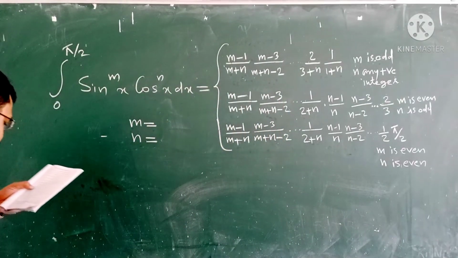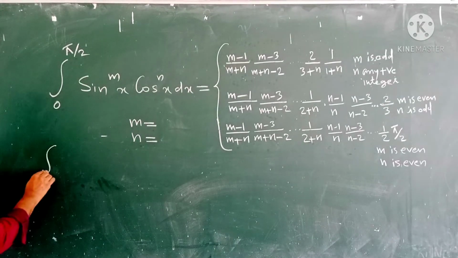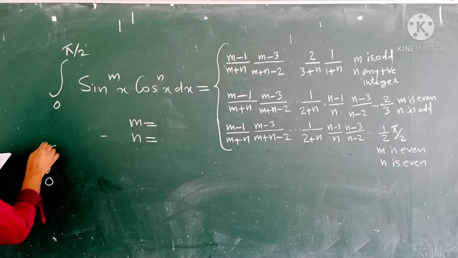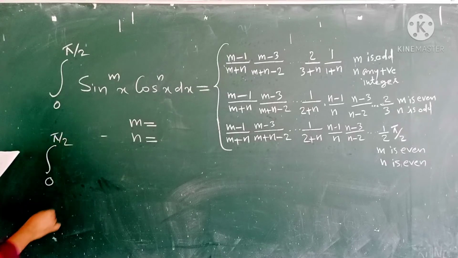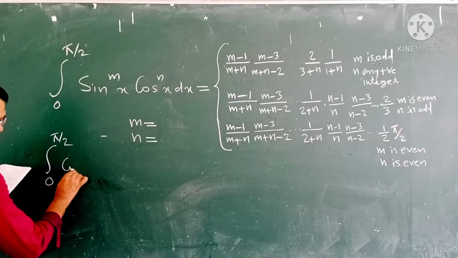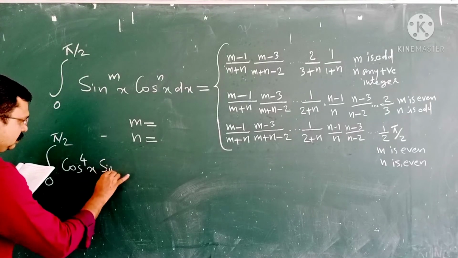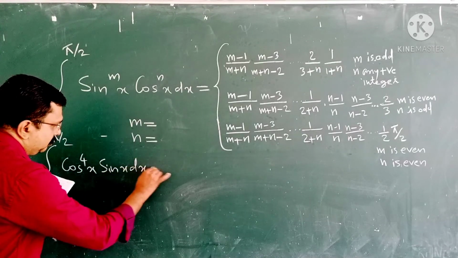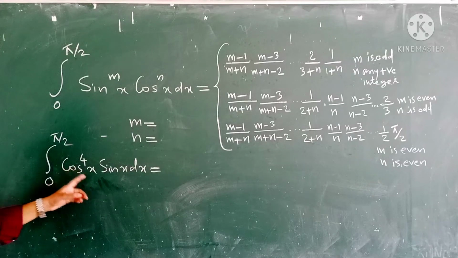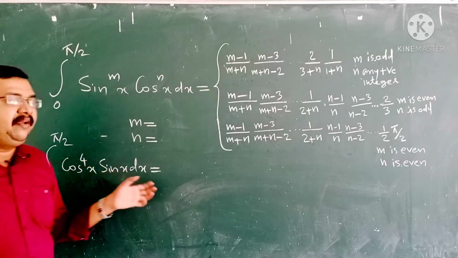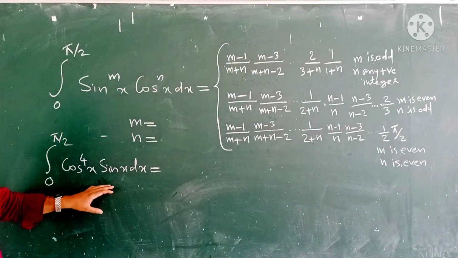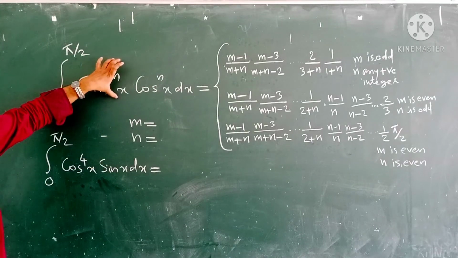Our next question is: find the integral from 0 to pi by 2 of cos to the power 4x into sin x dx. First we can change this equation into our standard form.